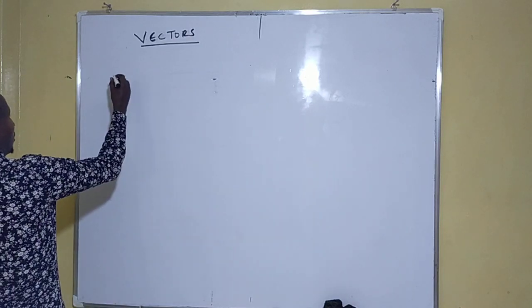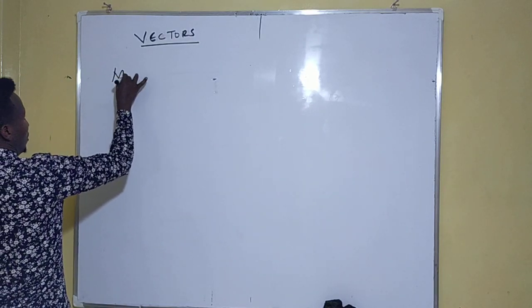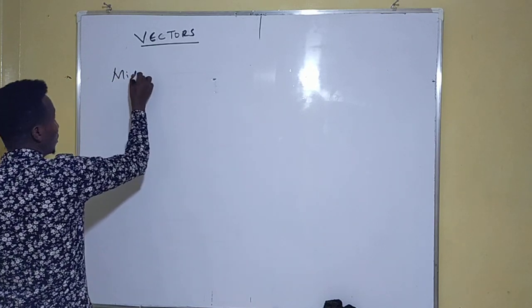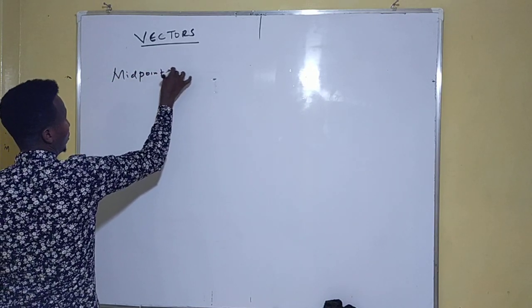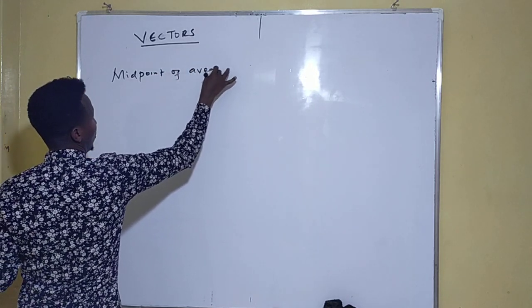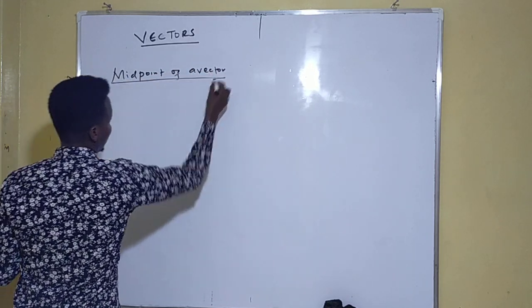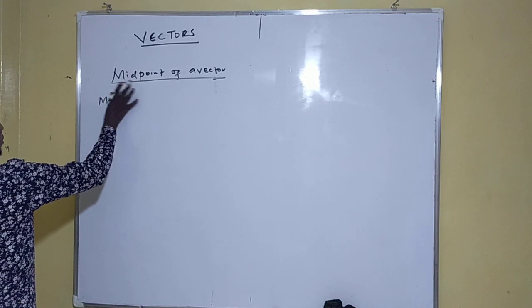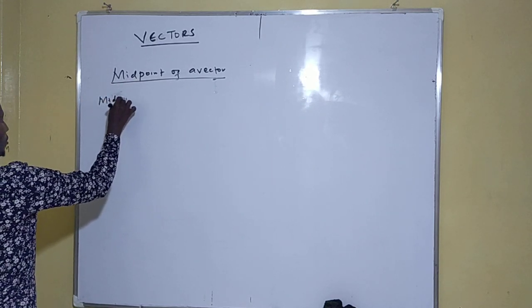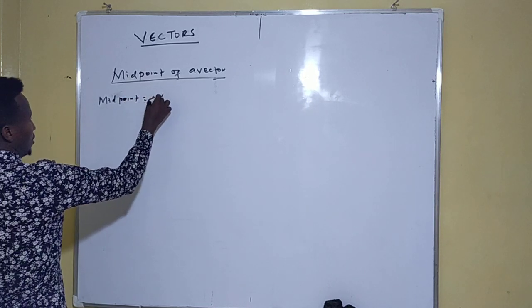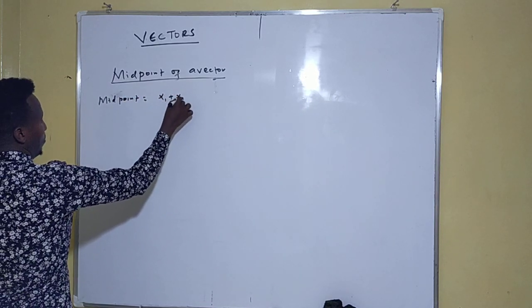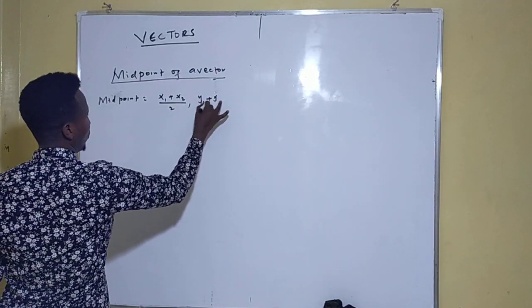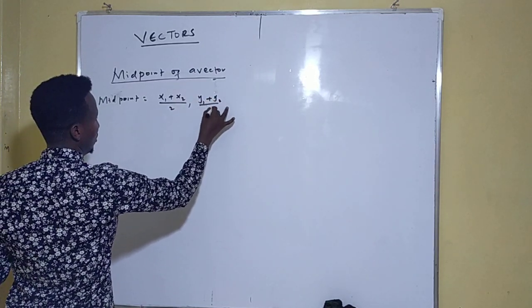The midpoint of any vector is equal to x1 plus x2 divided by 2, comma, y1 plus y2 divided by 2.